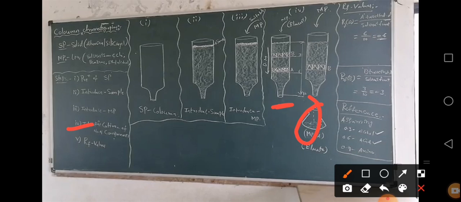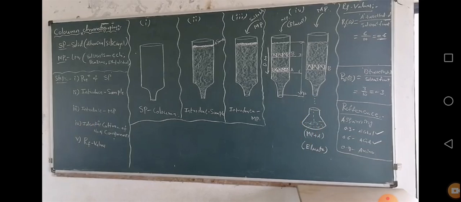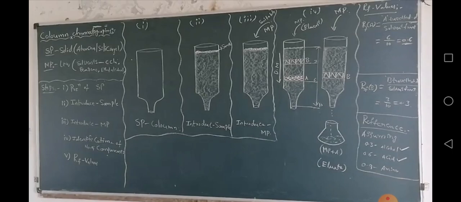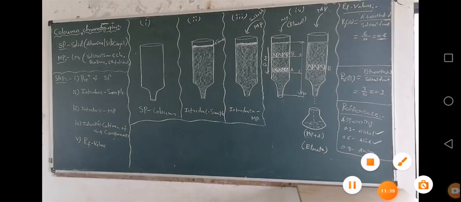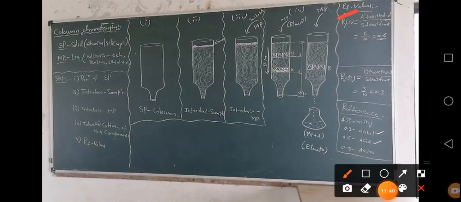Now after that, the separated components are identified with the help of RF values. RF value is nothing but, see here, the definition of RF value: the distance traveled by A divided by the distance traveled by solvent front.